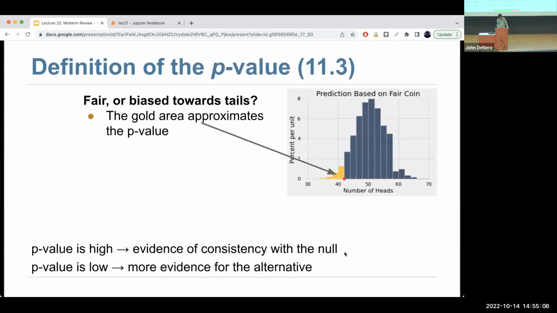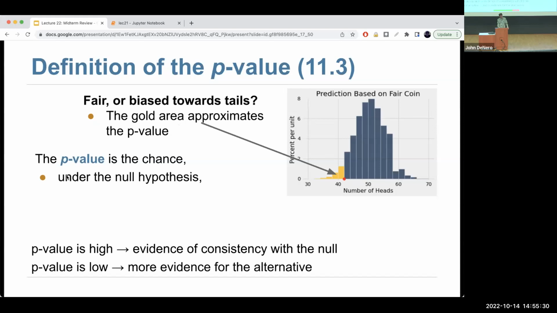P-values. We've used all this knowledge about tables and probability in order to evaluate hypotheses. We came up with a null hypothesis. We simulated under that null hypothesis to get a null distribution. What is a p-value?